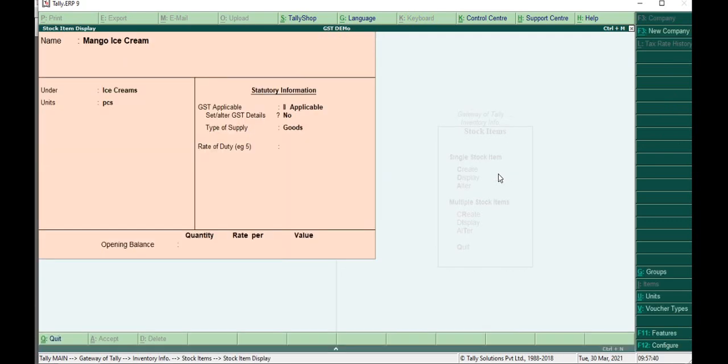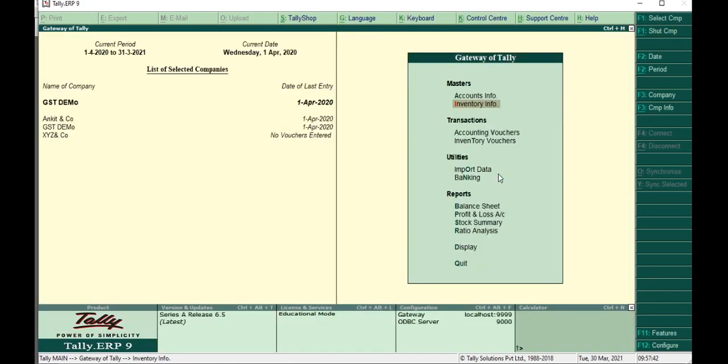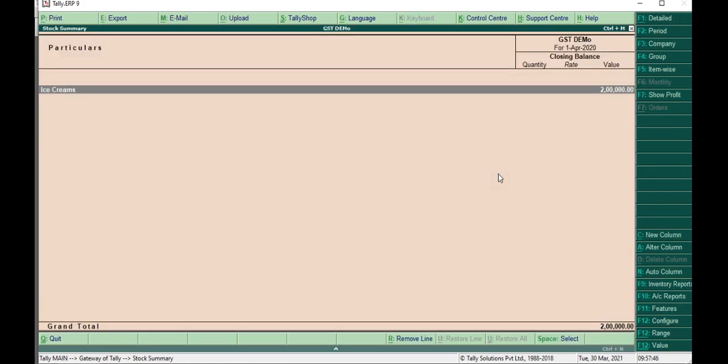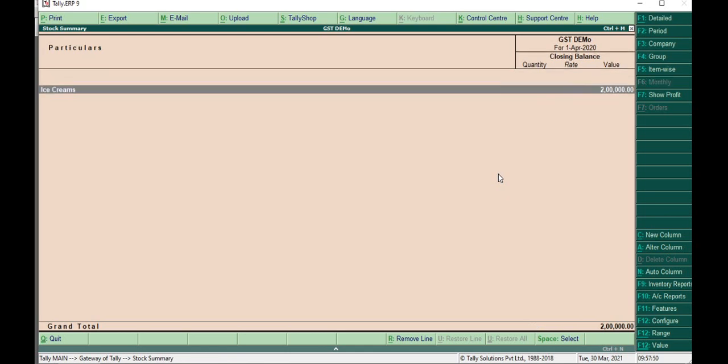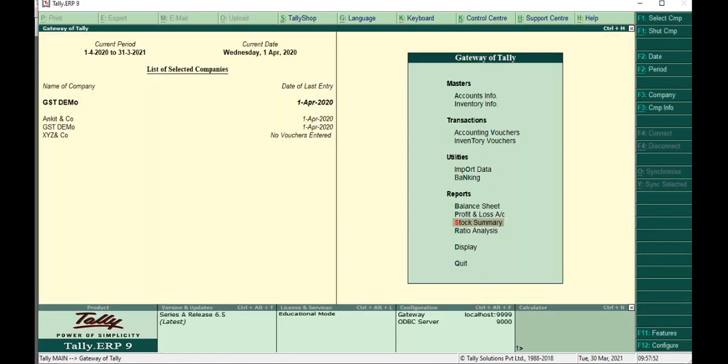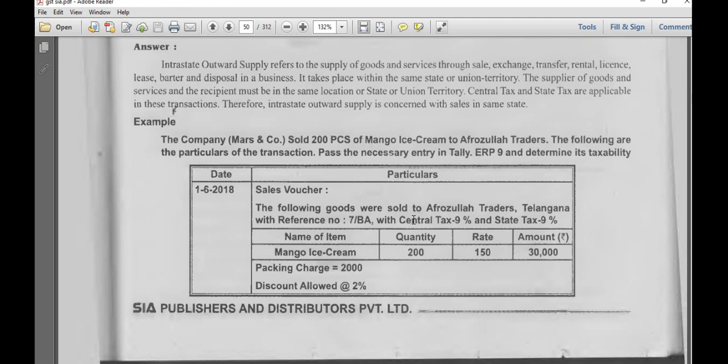We have to go with the stock summary to check whatever stock we have. Mango ice creams, we have 200 pieces left. He is selling a total of 200. Amount is 30,000. For that he has given packing charges as 200 and discount allowed is 2%. So these are the transactions.